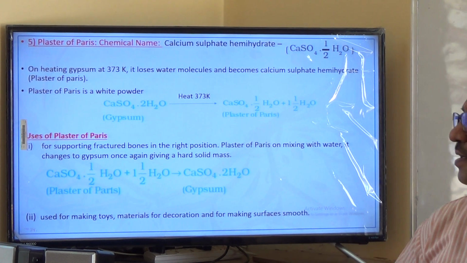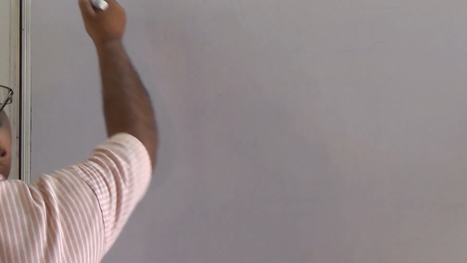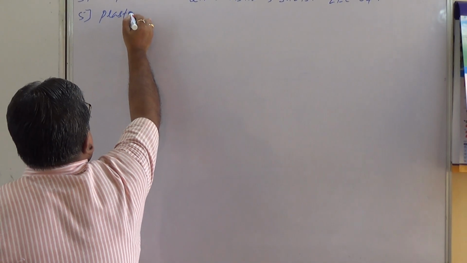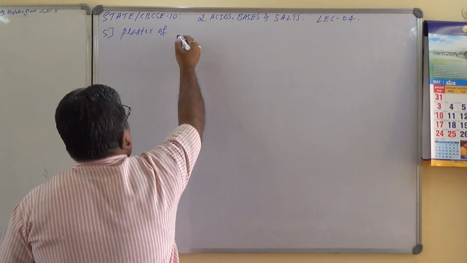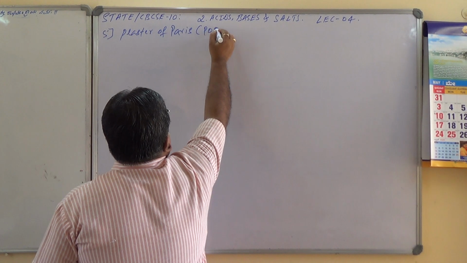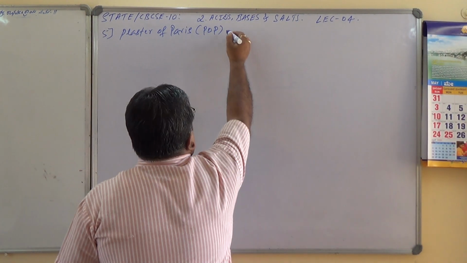Yeah, now we look at the next one, the plaster of Paris. Let us see on the board here. Plaster of Paris is also called POP. It is the common name. What is the chemical name for this one?